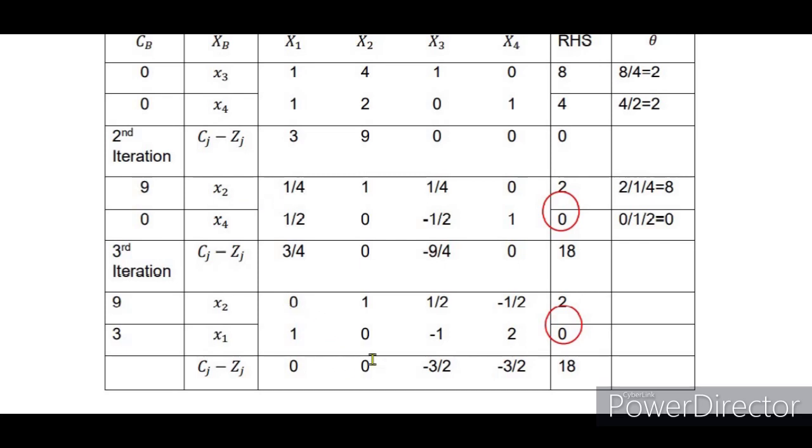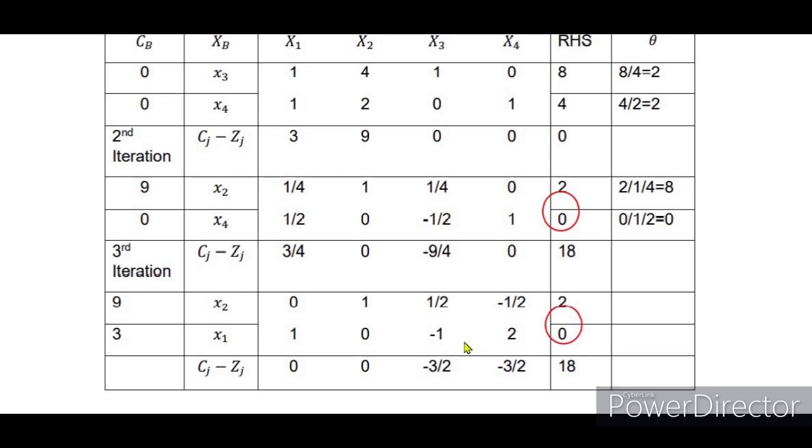Okay? So next, under the x sub 2 column, 0 times 1/4 is 0. Okay? So the previous value is 1. So 1 minus 0 is 1. Okay, so negative 1. Under the x sub 3 column, negative 1 times 1/4 is negative 1/4. Okay, so the previous value is 1/4.